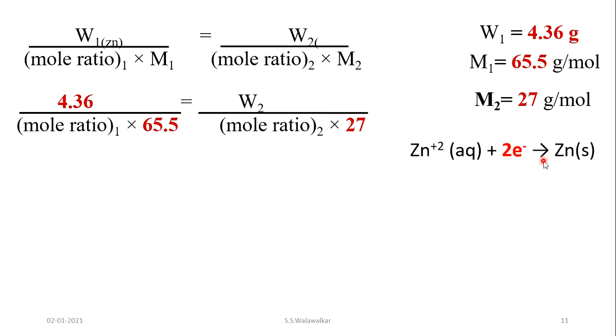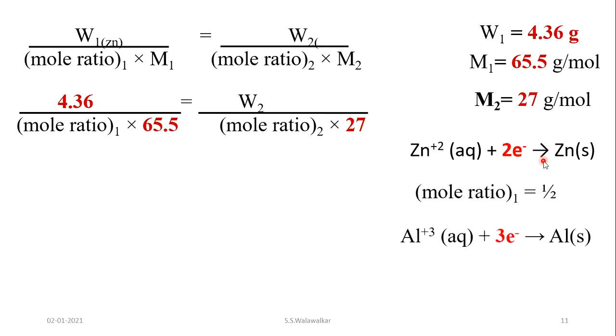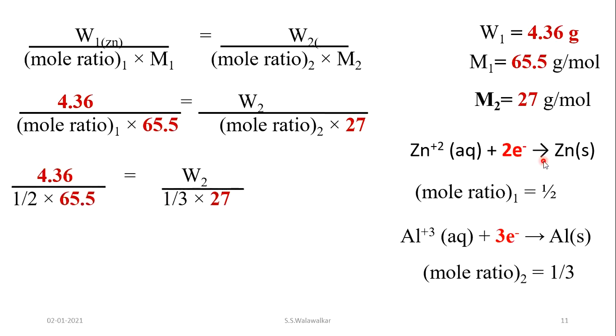So 1 by 2 is the mole ratio. Like that, aluminium plus 3 is a trivalent ion. So aluminium plus 3 accepts 3 moles of electron and deposits 1 mole of aluminium, and therefore mole ratio is 1 by 3. So if you substitute these values in the above formula, 4.36 divided by 1 by 2 into 65.5 is equal to W2 divided by 1 by 3 into 27.